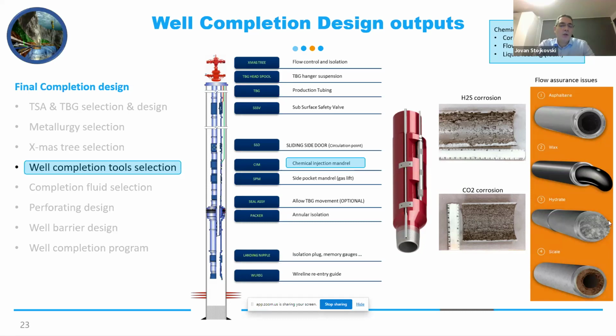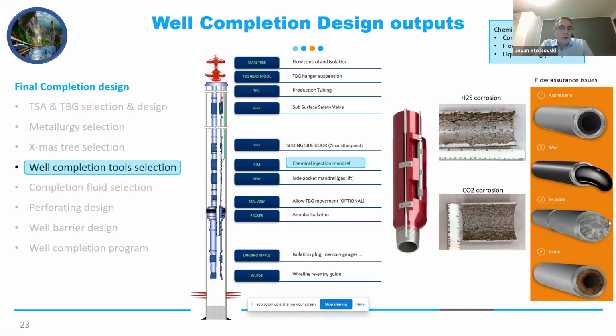So these components are injected through the chemical injection mandrel, where we have one piece of the completion tools and the injection valve connected with a very small control line coming to the surface. And basically on the surface, we inject chemicals which come inside the tubing and then into the flow stream.